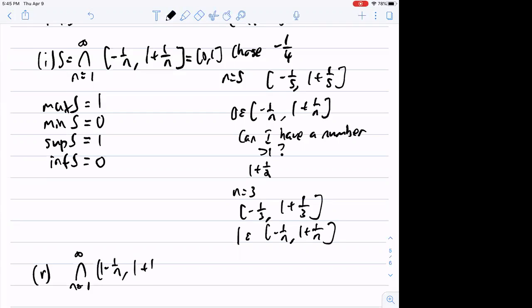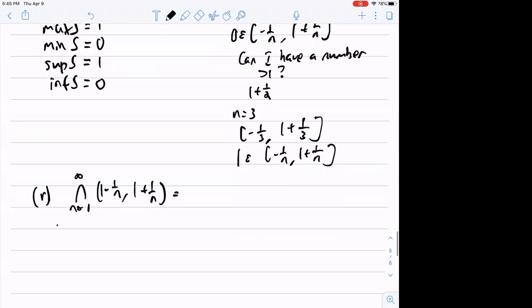What is this? Question 1: can I have a number smaller than 1? No, right?